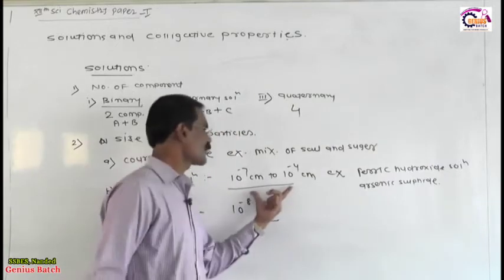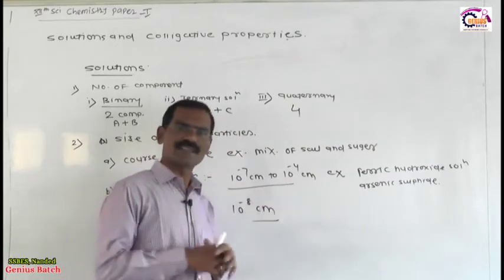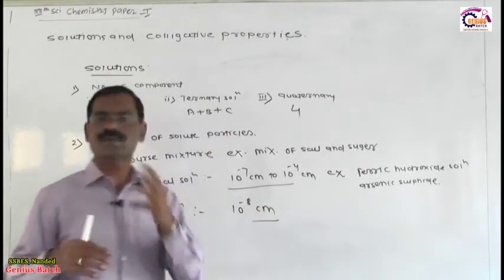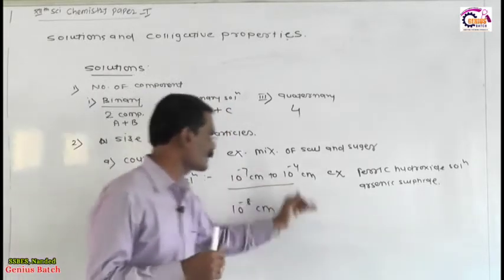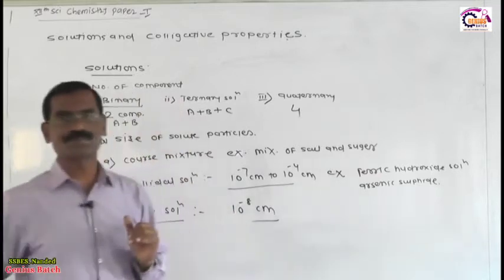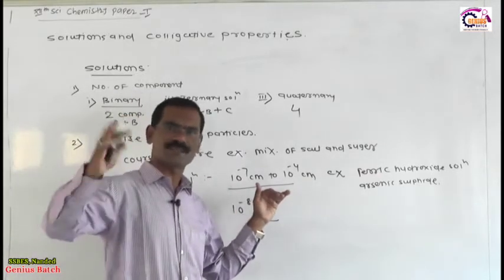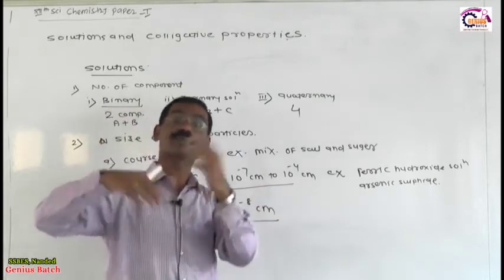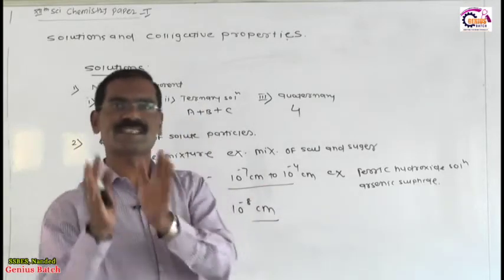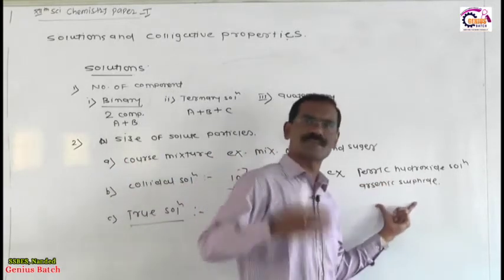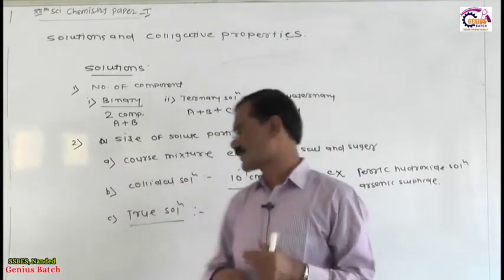This particle is invisible to the naked eye, but we can see it by ultra microscope, because the size is smaller than the coarse mixture. In a colloidal solution, the dispersion phase has either a positive or negative charge, because the colloidal particle is a charged species. Examples are ferric hydroxide solution, arsenic sulfide solution, and so on.